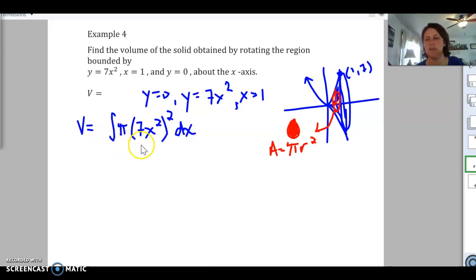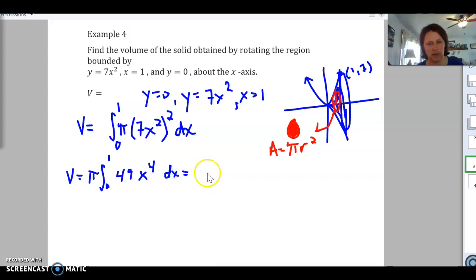All right, our limits of integration, kind of already talked about. We're going to go from 0 to 1 on the x-axis. And let's make that look a little bit better. We've got pi we can pull out in front, from 0 to 1. 7 squared is going to be 49. x squared squared is going to be x to the 4th. And then dx. And now we're ready to go ahead and integrate.